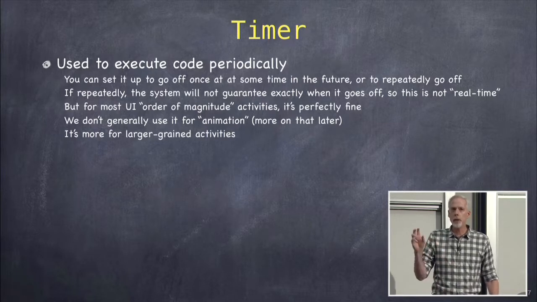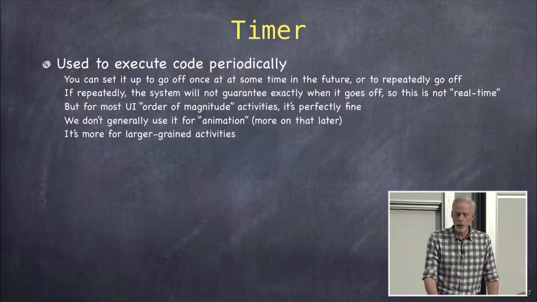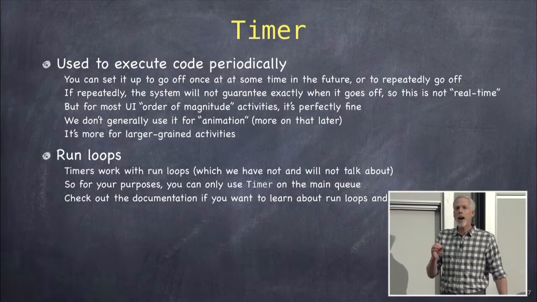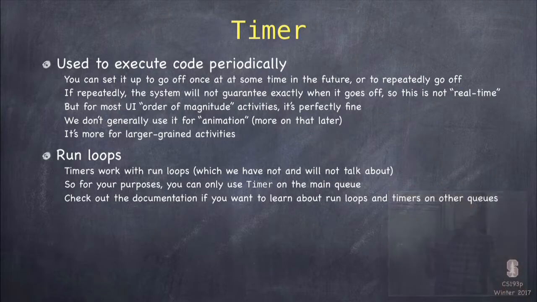So you can't use it for real-time programming, but you can use it to have any kind of repeating thing going on. Now, timer is based on a technology which I'm not going to talk about called run loops. And run loops are how a certain thread gets all this information like events from the touch screen or events from the network or whatever. It gets all these things coming in, and it manages to hand them all out to whoever needs to handle them.